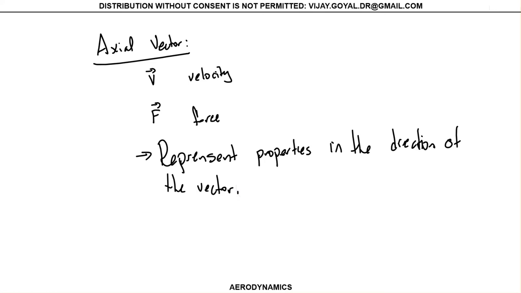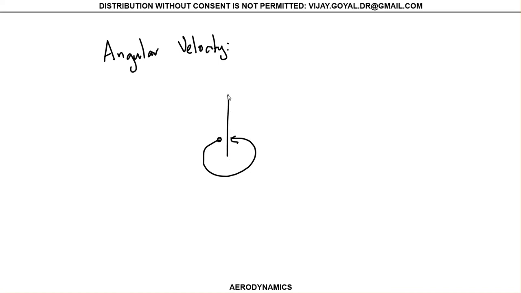Let me ask you a question. What do you think the angular velocity would be? Is it an axial vector or a polar vector? Well, let's see. If I have a particle rotating in this direction, that's creating a flow in this direction.